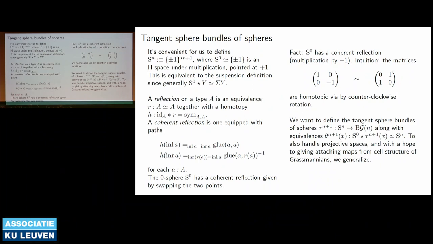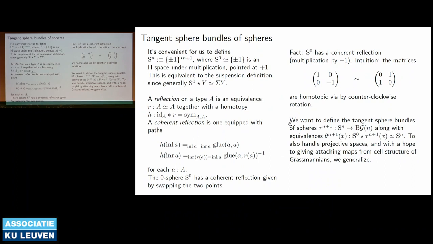And those are just two different rotations on the circle. Okay? And there's also a definition of what is a coherent reflection, and the one on the circle is coherent. There might be more conditions you could put on, but for what I'm going to tell you later, this is what we need.